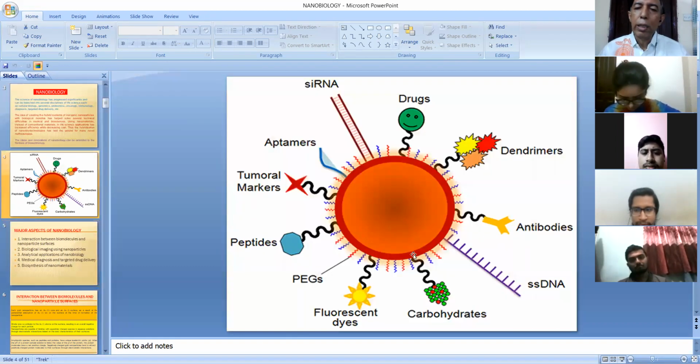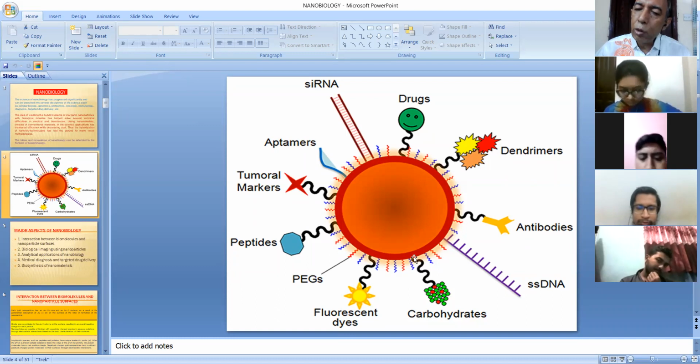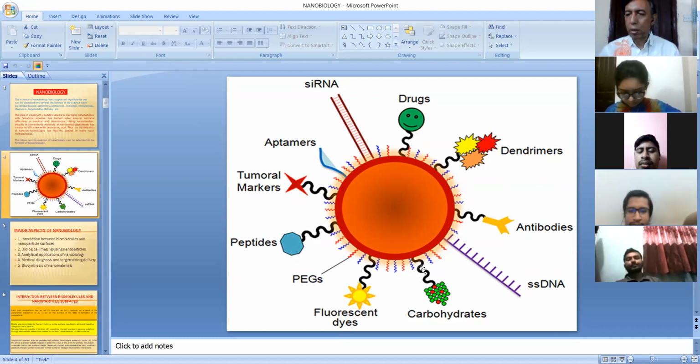You see, this is a nanoparticle, and say, for example, interaction with DNA or interaction with carbohydrate, where they will interact with the surface of the nanoparticle, not inside the nanoparticle.